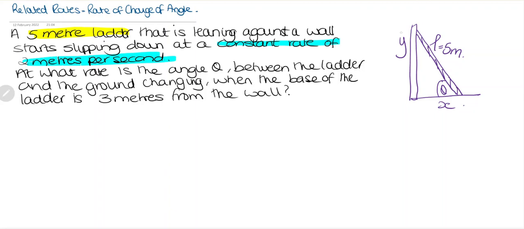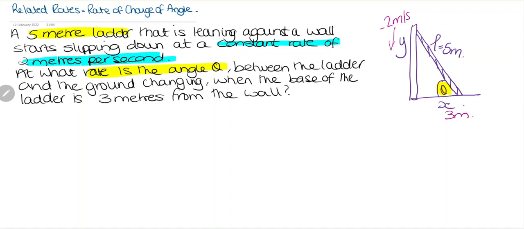So the ladder, this is minus 2 meters per second. And we need to find the rate of change of the angle, which is between the ladder and the ground, when the base of the ladder is 3 meters. So x is going to be 3 meters.